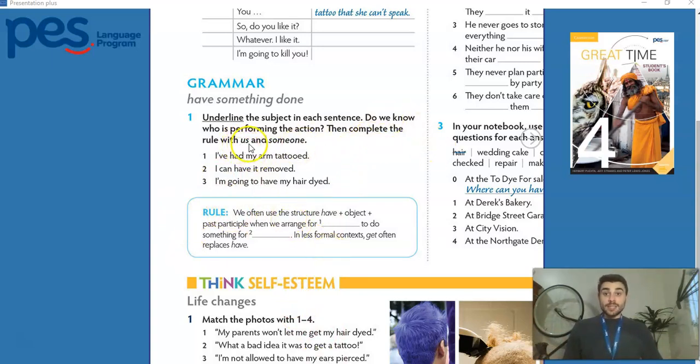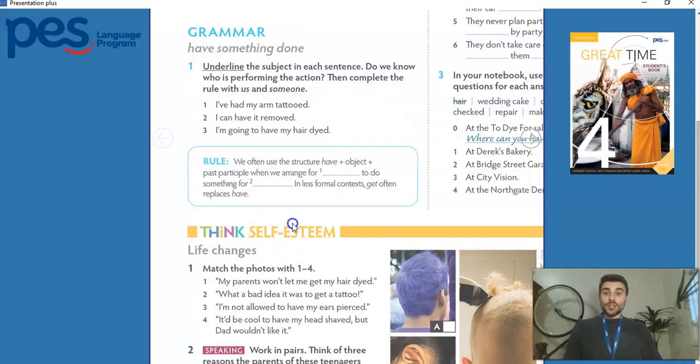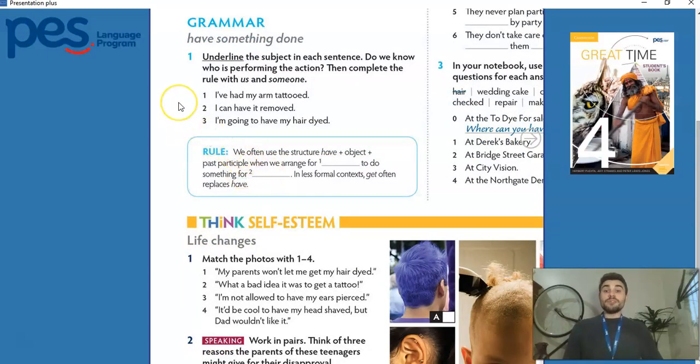Now, the next part here is we have to complete the rule here, right, with the words us and the word someone. Okay? So let's check here. We often use the structure have plus the object or something plus the past participle when we arrange for someone to do something for us.